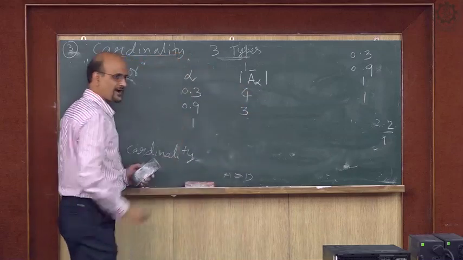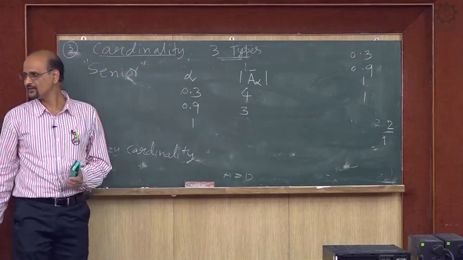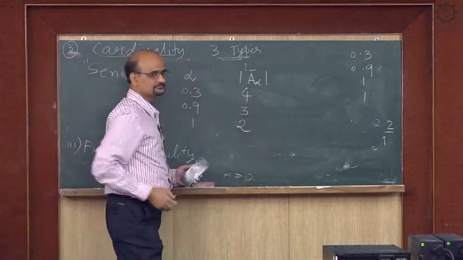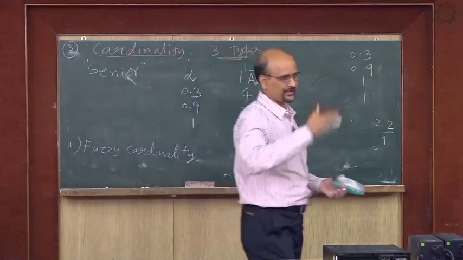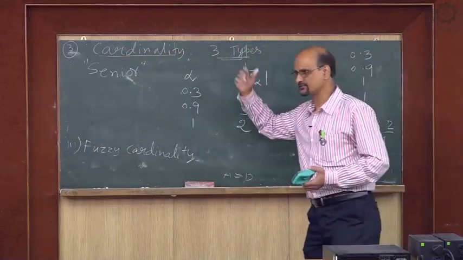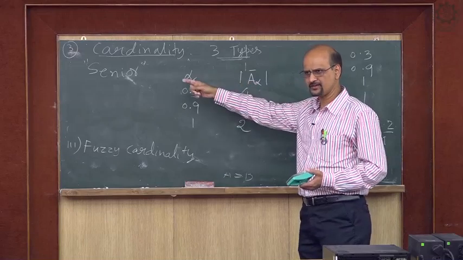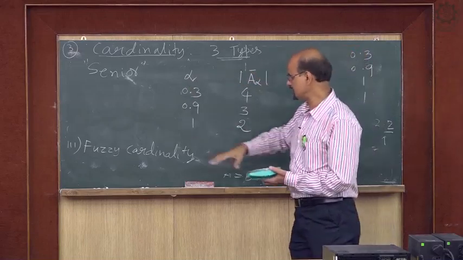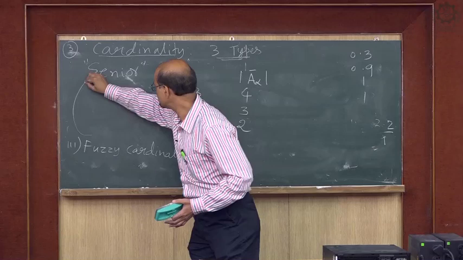If I go to 1, how many? 2. That means first you take all the alpha values for any set. Suppose I go to adult, if I want to find fuzzy cardinality, remember.